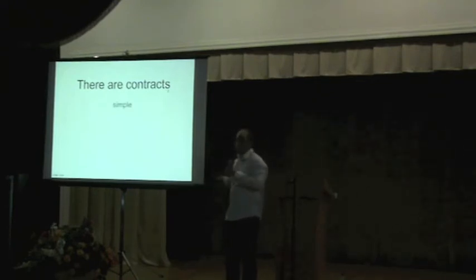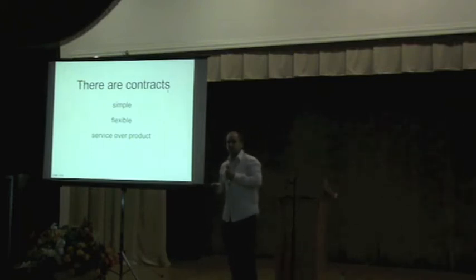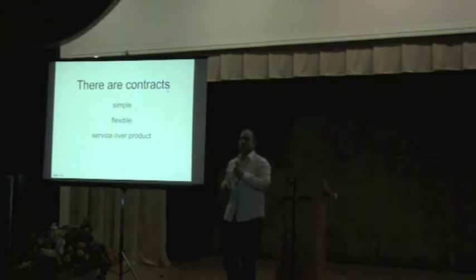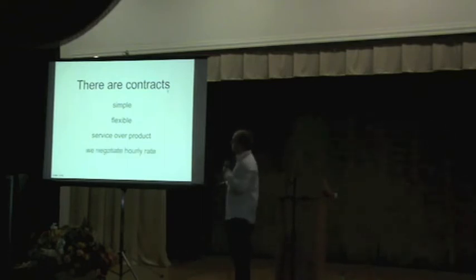It's just 1 or 2 pages. And flexible. The client doesn't have to work with us if they don't want to. They focus on service over the product, so we deliver our client's services. We don't sign a contract that we will deliver a working product. We're just delivering the service of building it. And we negotiate our rate.